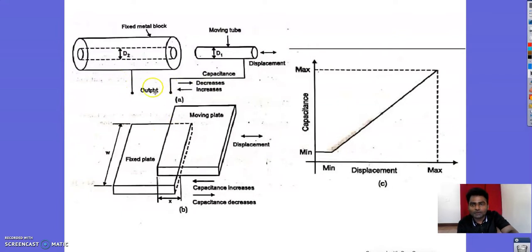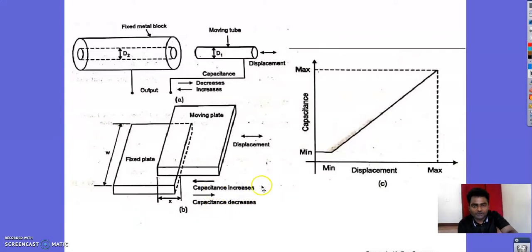And this is your core type of capacitive transducer, and this is a plate type of capacitive transducer, where there will be two plates, one fixed plate and the other a movable plate. When this plate is moved towards and away from the fixed plate, the value of capacitance is going to increase or decrease.